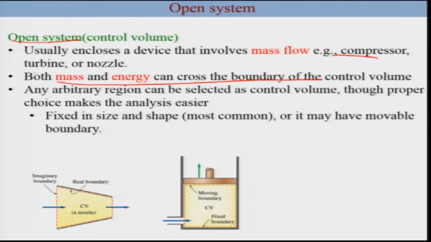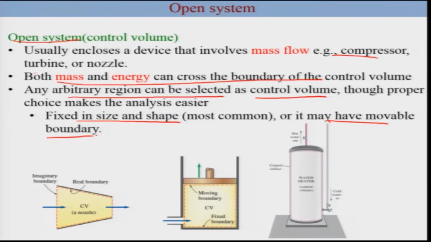This is the case for the nozzle, where both mass and energy can cross the boundary. Here the control volume is an arbitrary region over which you can do the thermodynamic analysis. It can be fixed in size and shape or it can have a movable boundary. So, these are the examples of open system.